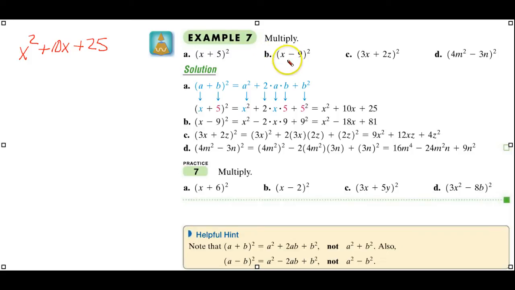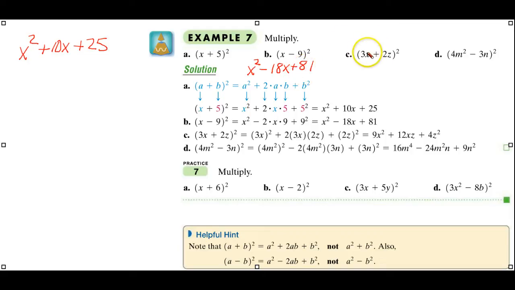All right, let's do b. I guess we have room right here. X squared. Multiply these two together, negative 9, double it, negative 18x. Square this, plus 81. What is this called? A perfect square trinomial.